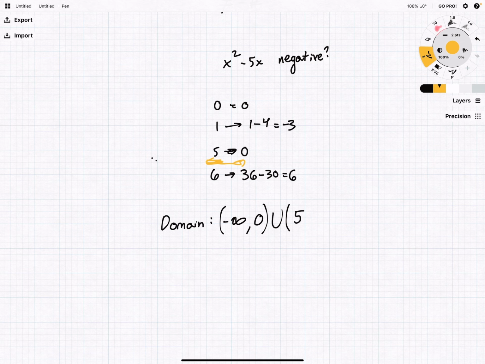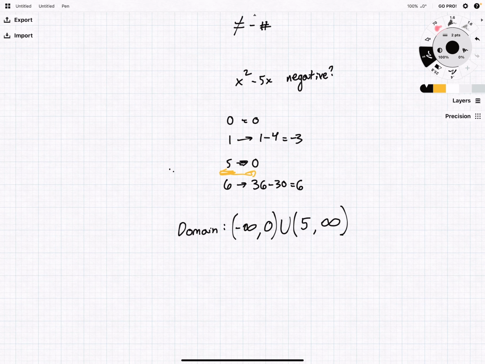So we can't have 5 exactly. We could have something close to 5, and that's what the open parenthesis is for. So from 5 all the way to positive infinity. And that is our domain for problem 35.